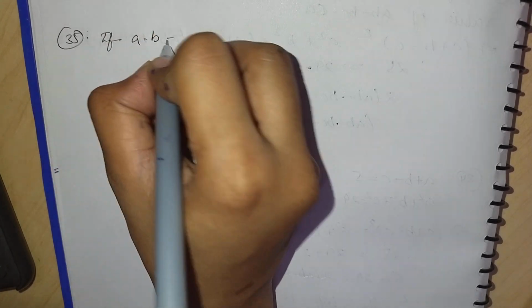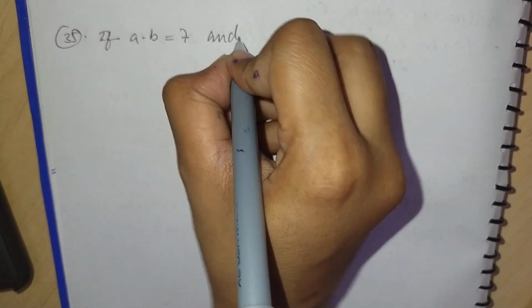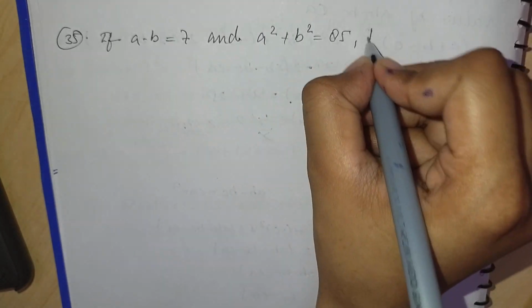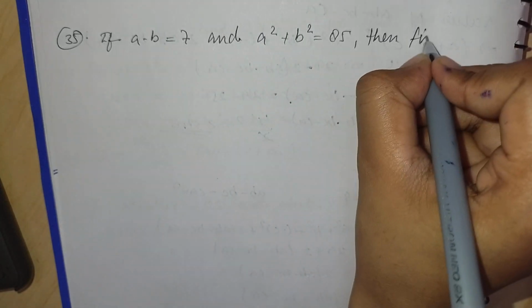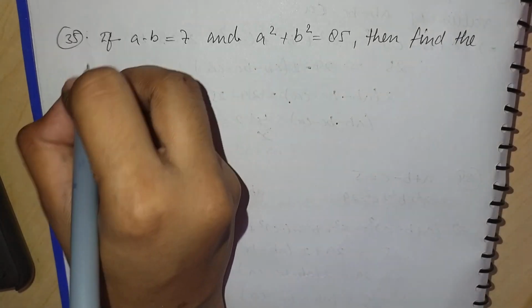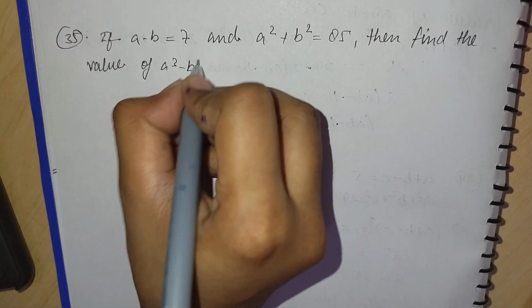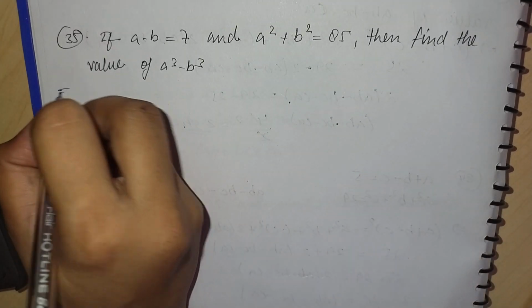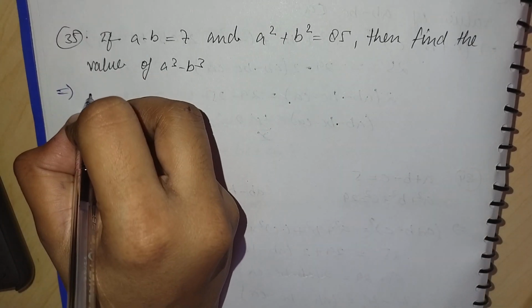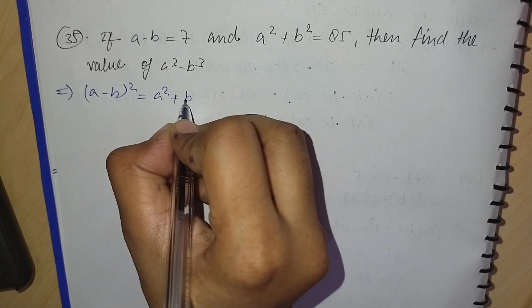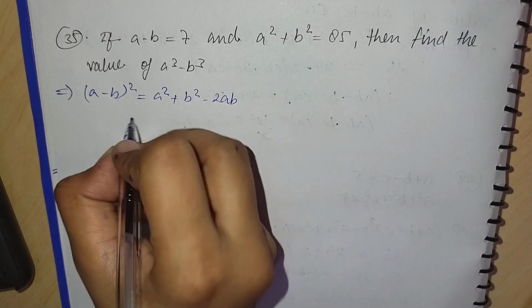Let us solve the 35th question here, which says that if a minus b equal to 7 and a square plus b square equal to 85, then find the value of a cube minus b cube. On writing this, we will get (a minus b) whole square equal to a square plus b square minus 2ab.